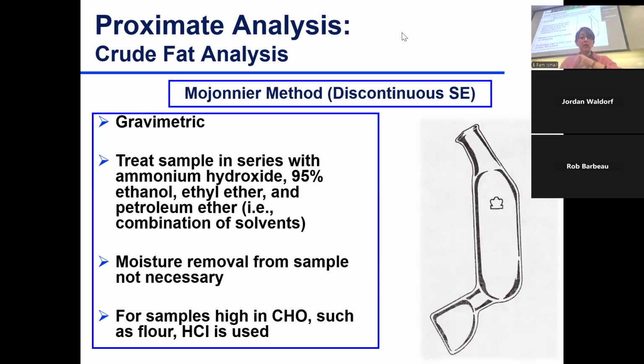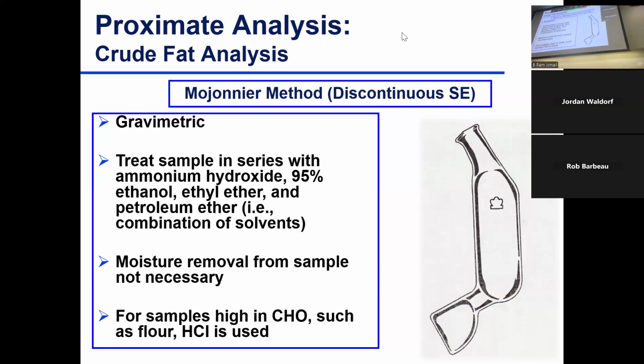And we use a combination of ethyl ether and petroleum ether. Do you remember why sometimes a combination is preferred? Yeah, to encourage different lipids with different polarities and solubility to be extracted.